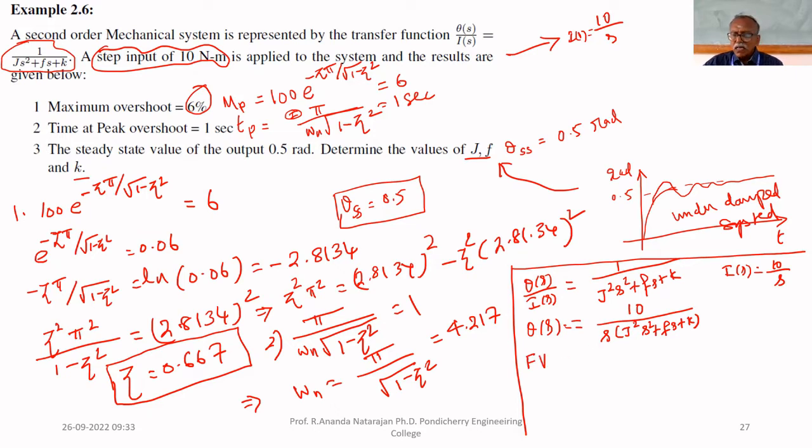The final value theorem states that y of infinity equal to, or we can write it like this.